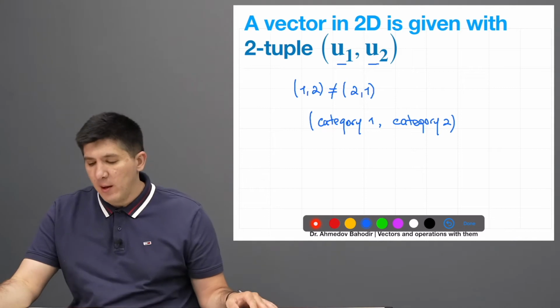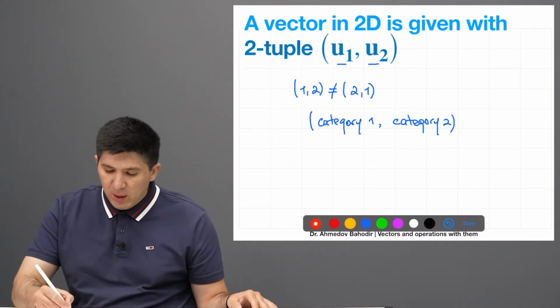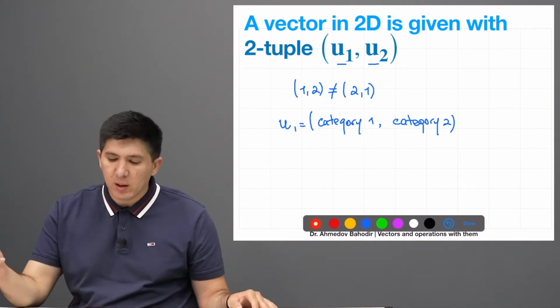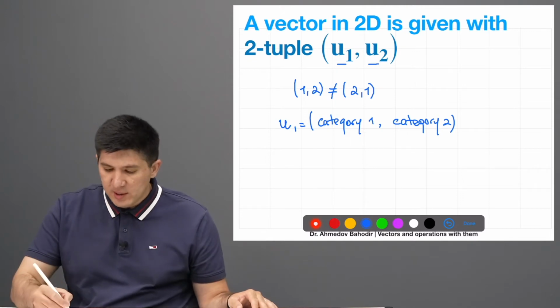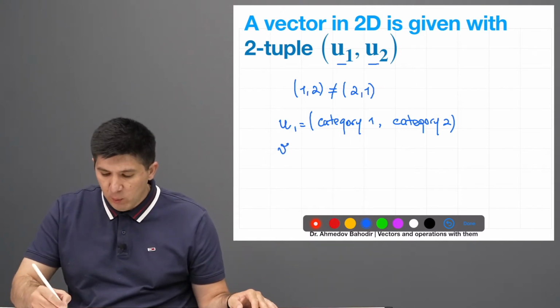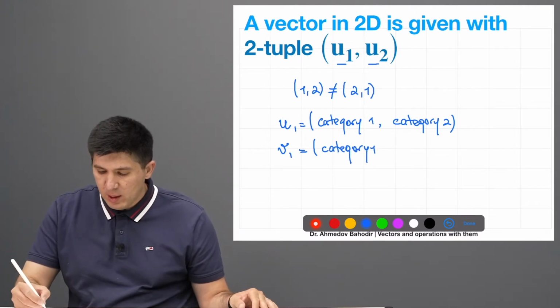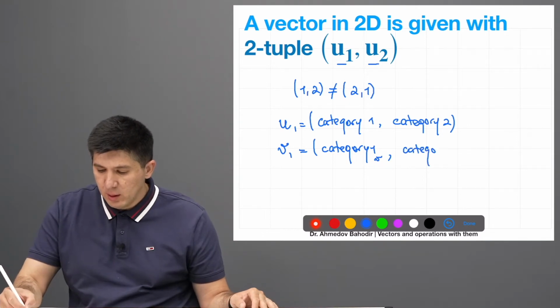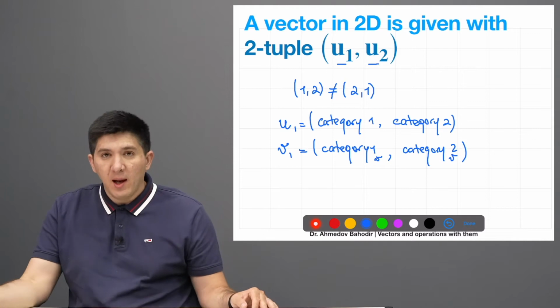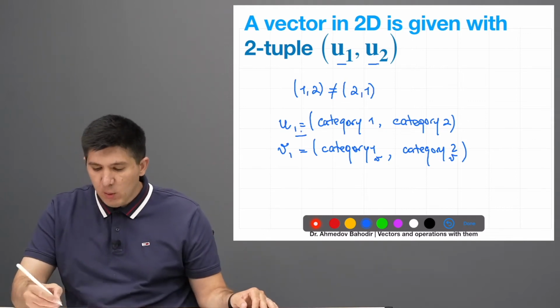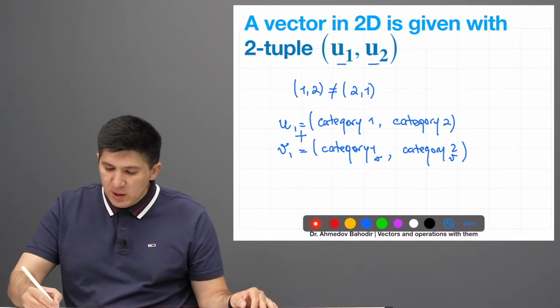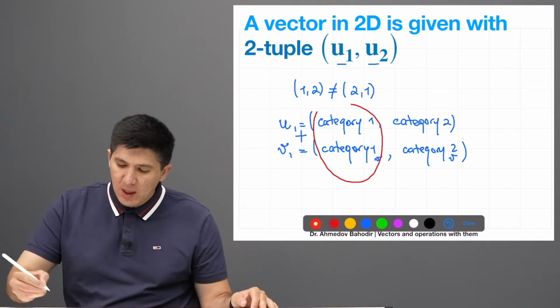So if you are given one vector with category 1 and category 2, and a second vector v with category 1 and category 2, and you would like to add or subtract them, you can do the operations only with the same categories.